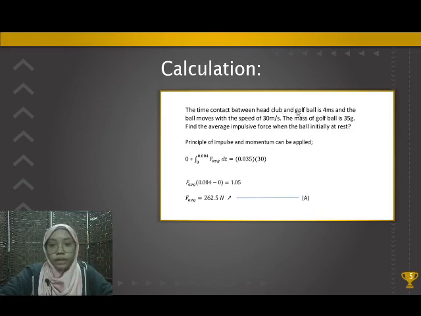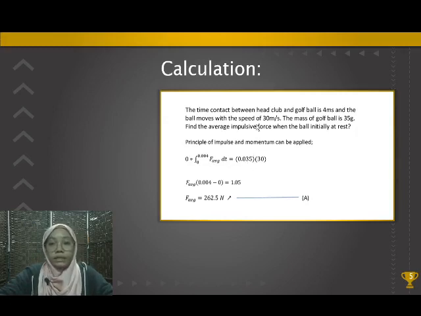We already have the information about the time, the speed of the ball, and the mass of the golf ball. So we can apply the principle of impulse and momentum. As a reminder, the mass must be in kg.